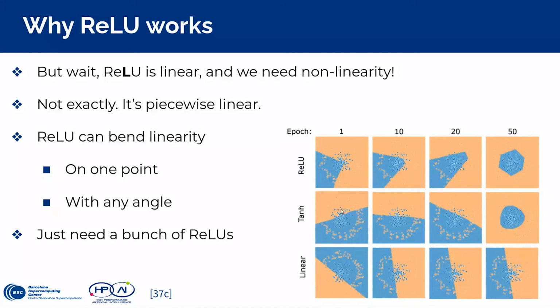On the other hand, the hyperbolic tangent can just find this nice function that separates it, which is cool. And ReLU approximates the nonlinear function through linear functions because it's piecewise linear. So it's the composition of two linear functions. We have a linear function on the left and a linear function on the positive. So with enough ReLUs, we can approximate this, and this is why it works.